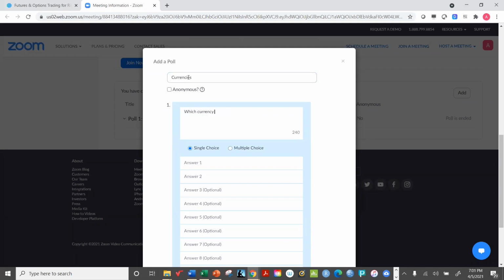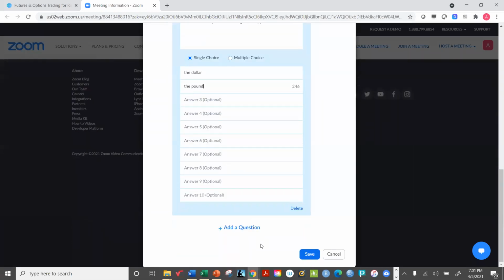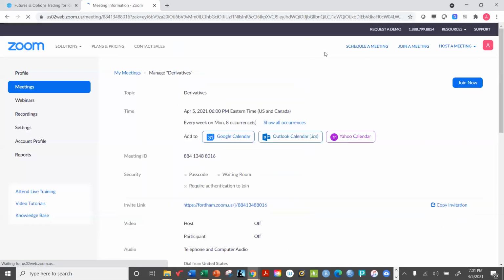Which currency became stronger, meaning appreciated in value? Well, there's only two possibilities. It's either the dollar or the pound. Let's find out which one you think it is. So remember, the exchange rate went from $1.30 to $1.35.